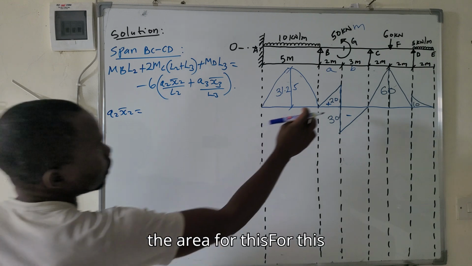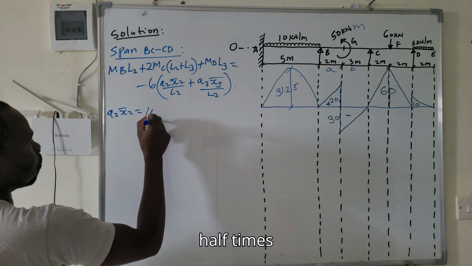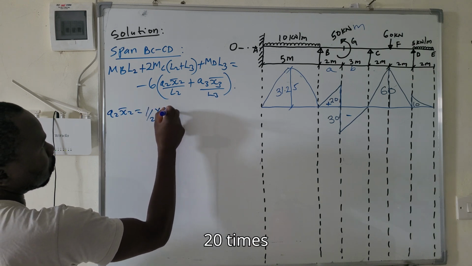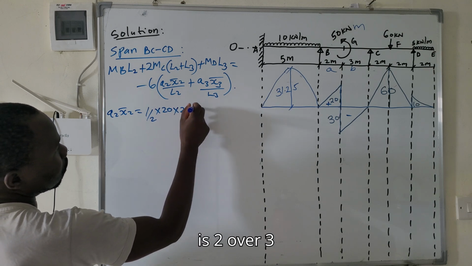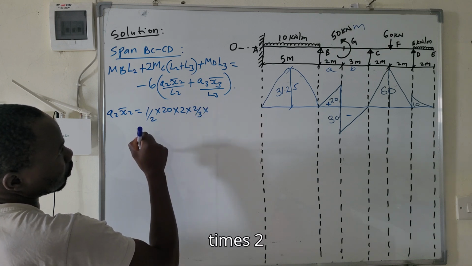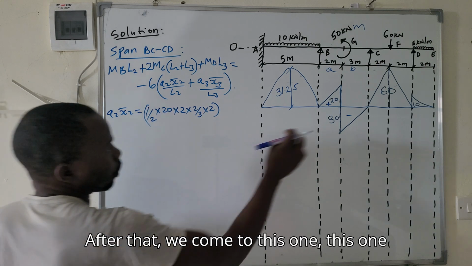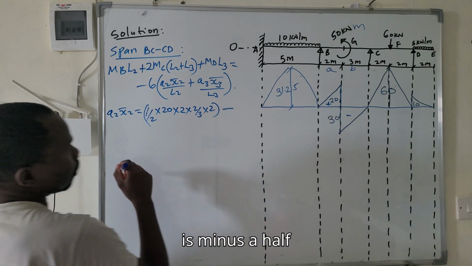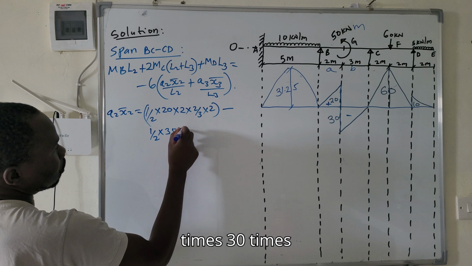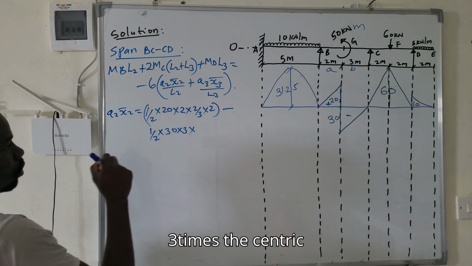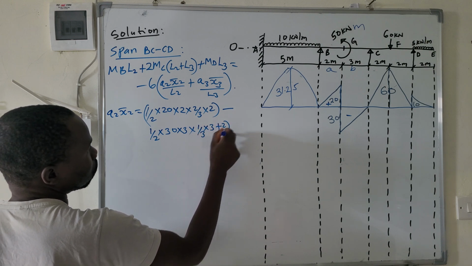So the area for this triangle, which is positive, is a half times 20 times 2 times the centroid, which is 2 over 3 times 2. After that, we come to this one. This one is minus a half times 30 times 3 times the centroid, which is a third times 3 plus 2.